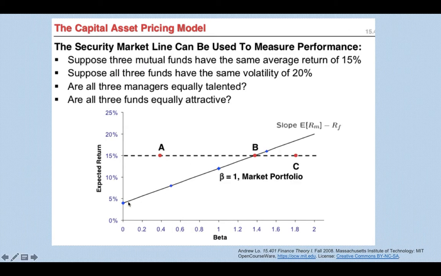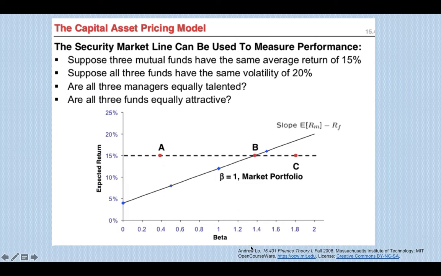Quickly, an example. Say I have A, B, C, 3 mutual fund managers. Suppose the 3 mutual fund managers have the same average return, so their returns are the same. However, their betas are different. If they all give you 15% return, A gives you less volatility, less risk.